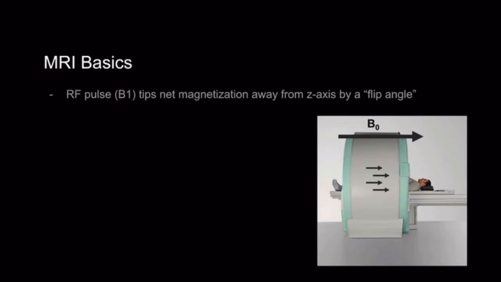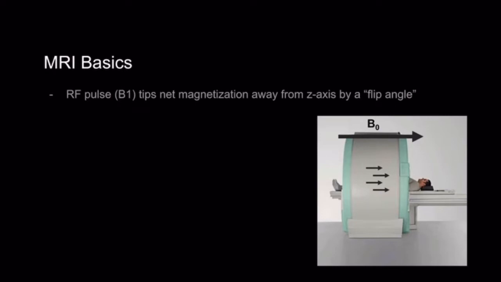It's not really a radio wave, but instead it's electromagnetic energy with a frequency that is in the radio wave spectrum. A key point is that in order to tip the magnetization away from the z-axis, the RF pulse has to be at a frequency that matches the spin of what it's trying to tip down.